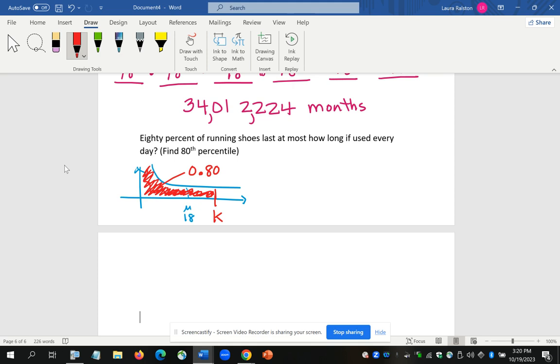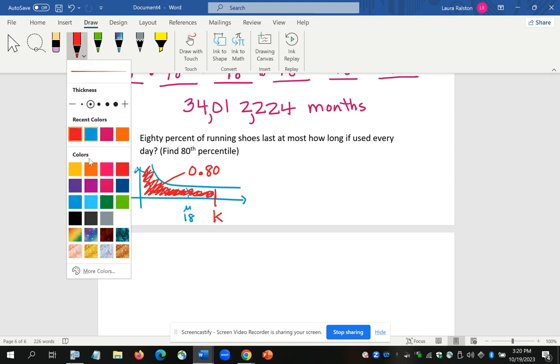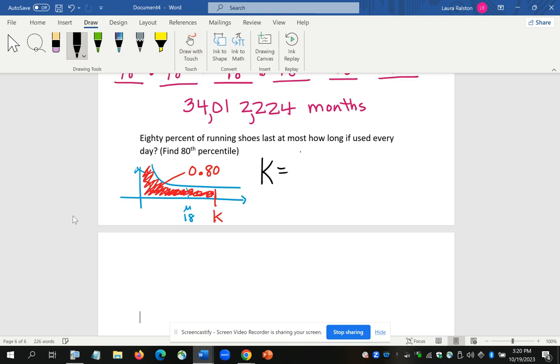Again, it's still just a formula problem, okay? The formula here is K equals the natural log of 1 minus the area divided by the negative of the decay parameter.